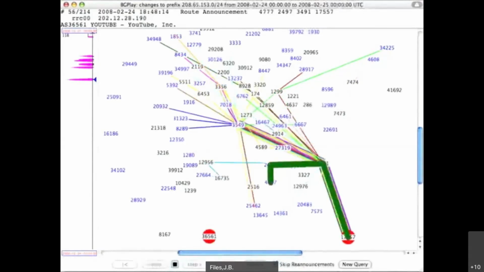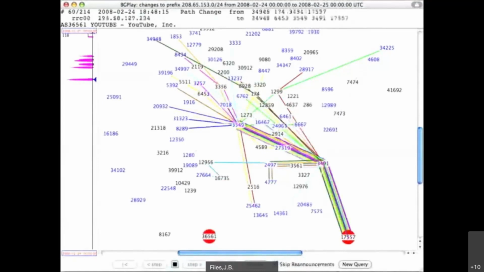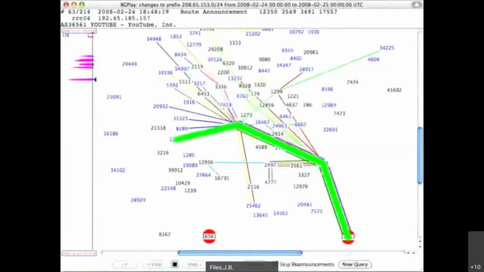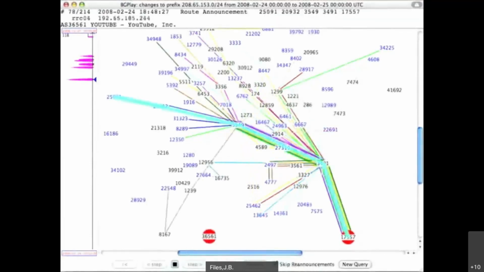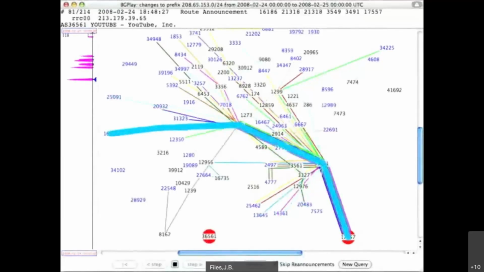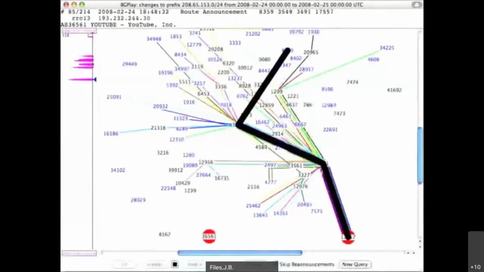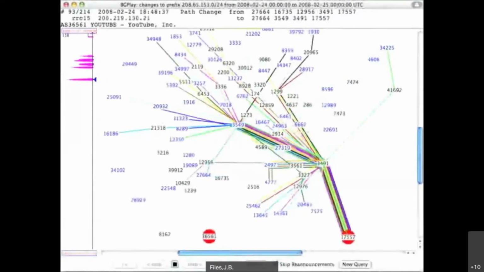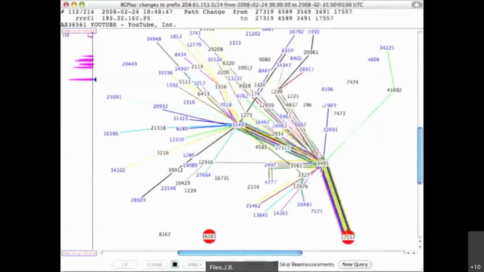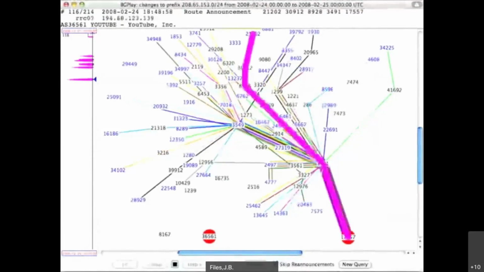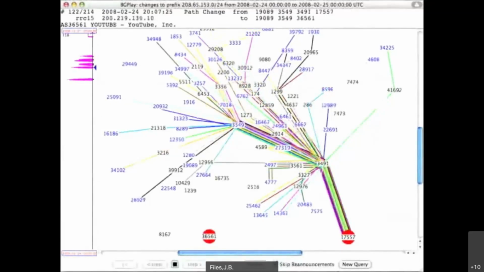Within roughly a minute, the route is visible at most of the autonomous systems shown in this animation, and traffic starts to flow towards Pakistan. 17 minutes later, at 20:07, YouTube starts to announce the same route itself in order to route the traffic back to its own servers.